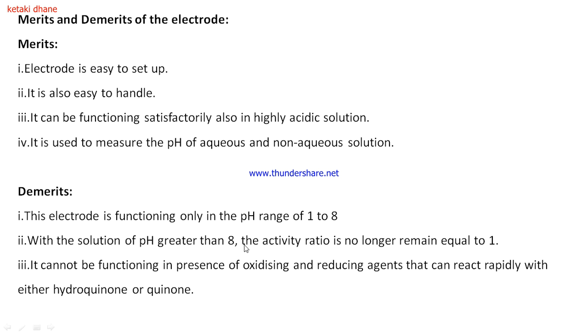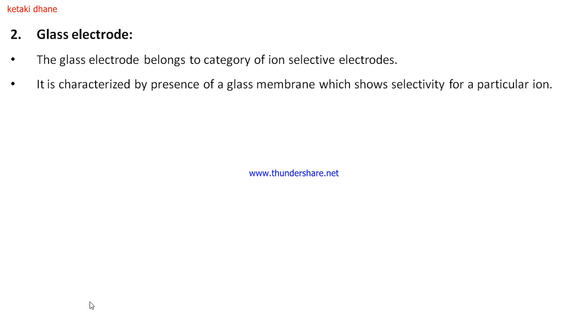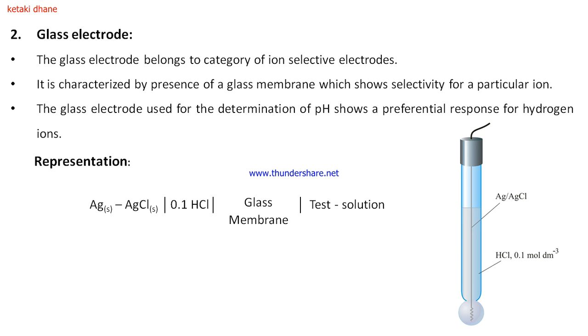With a solution of pH greater than 8, the activity ratio no longer remains equal to 1. Also, it cannot function in the presence of oxidizing and reducing agents that can react rapidly with the quinone and hydroquinone. So what are the disadvantages? It is active in the pH range of only 1 to 8, above pH 8 it cannot work, and it cannot function when any reagent reacts with the hydroquinone or quinone.